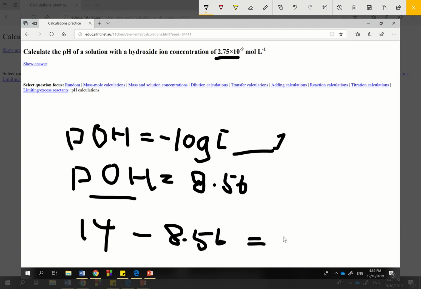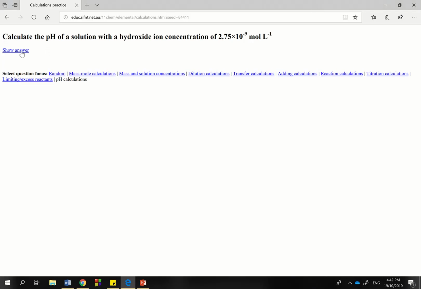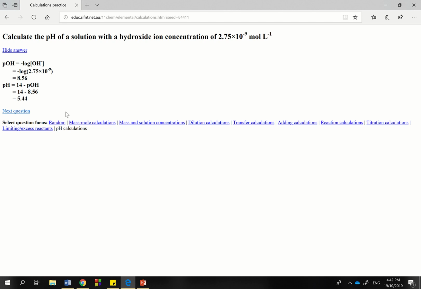And the answer is 5.44. That's the answer. Now let's check with the short answer to see if we got it correct. 5.44. Great, awesome.